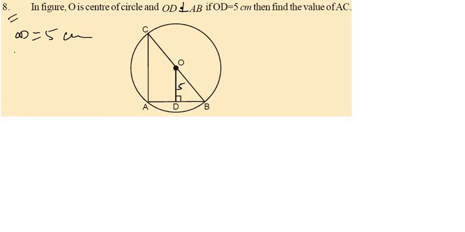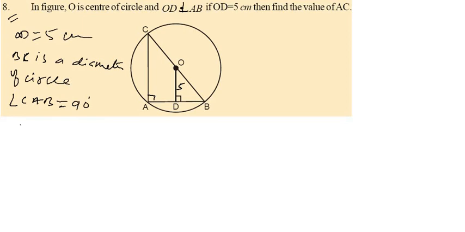As you know, BC is a diameter of the circle, so it is a semicircle, so that angle is 90 degrees. So angle CAB will be equal to 90 degrees, and angle ODB is also 90 degrees. That means CA is parallel to OD.